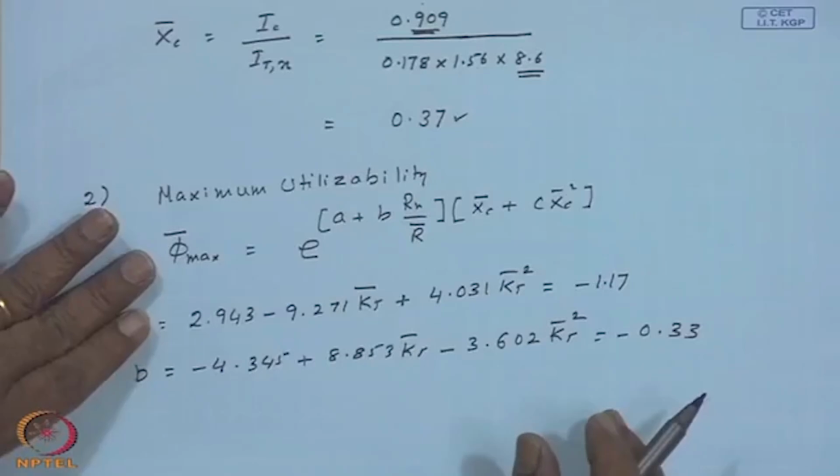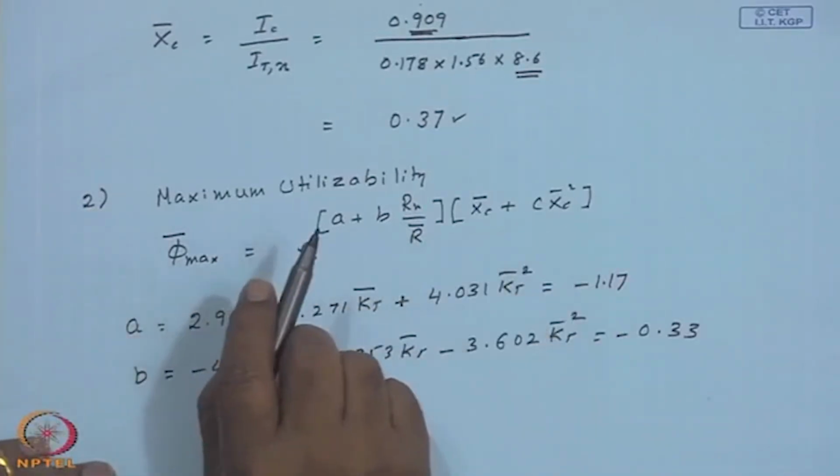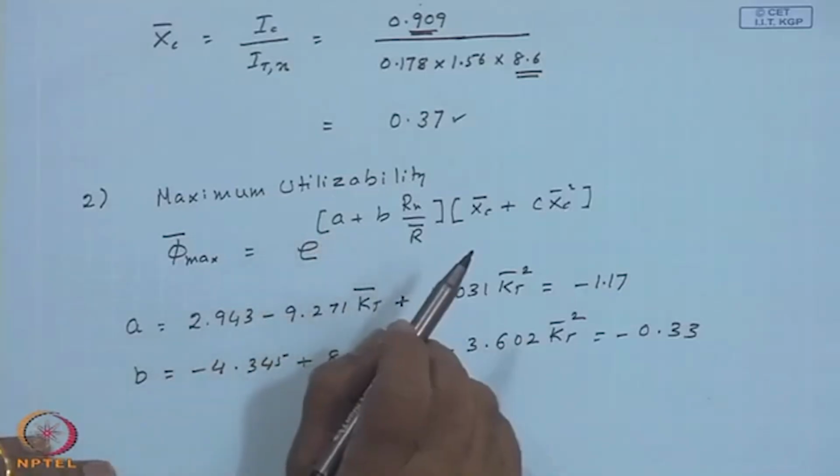So, there are minor differences, but a repetition of these things may give you an idea that if we are calculating the monthly average daily utilizability, the constants A, B, C are there, which are different from the constants A and B in the Collier-Raoults correlation.